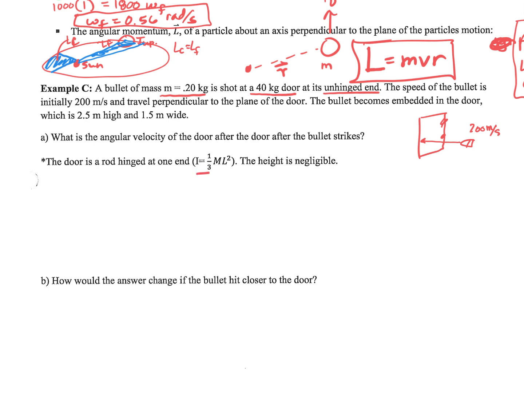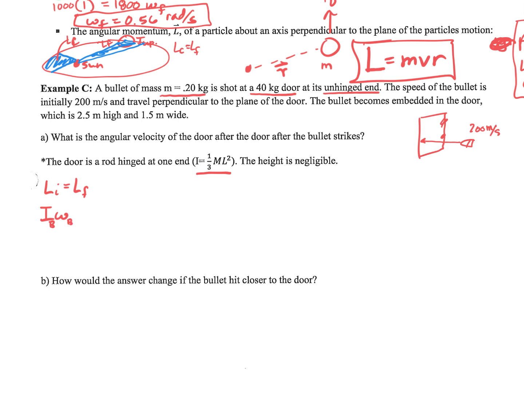Well, it gives you this. The door is treated as a rod on a hinge, and it gives you the formula for I. So the first thing we're going to do is say, before the collision, what do we have going on? We know this: L initial equals L final. L initial is just the bullet moving, correct? So it's going to be I omega for the bullet.